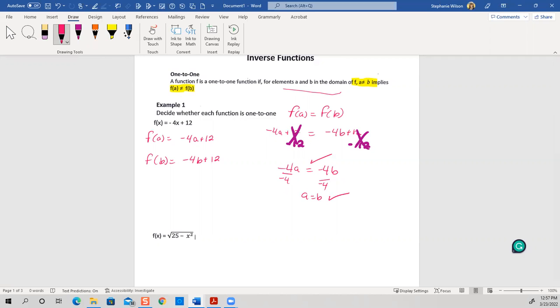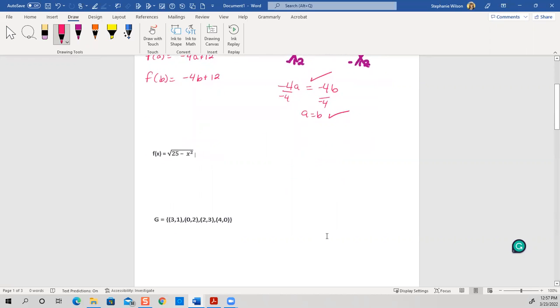However, let's look at this next one on the screen. It says we have the square root of 25 minus X squared. So let's choose something for A and B. Let A be 3 and B be the opposite, negative 3. We know that 3 does not equal negative 3.